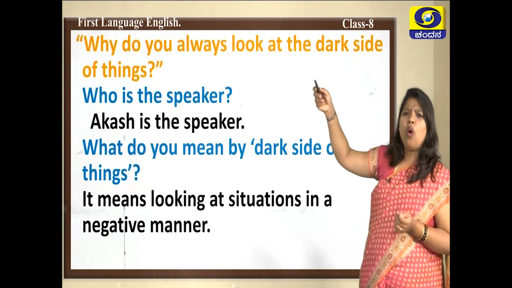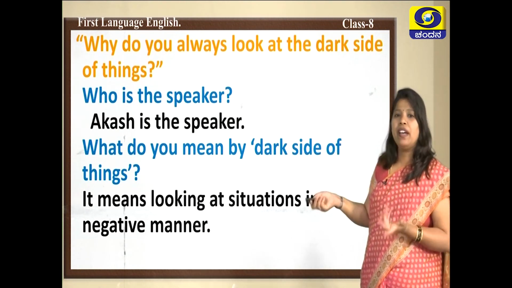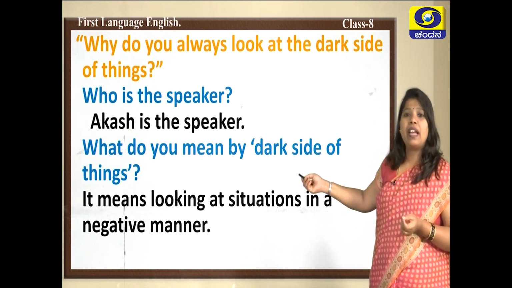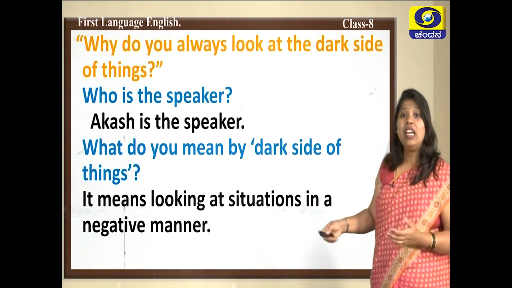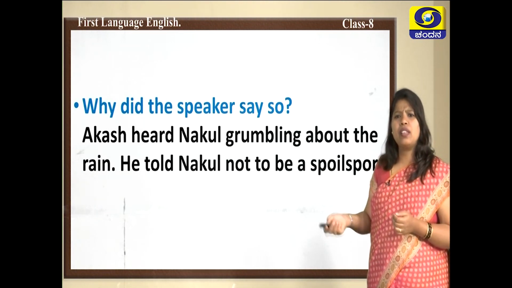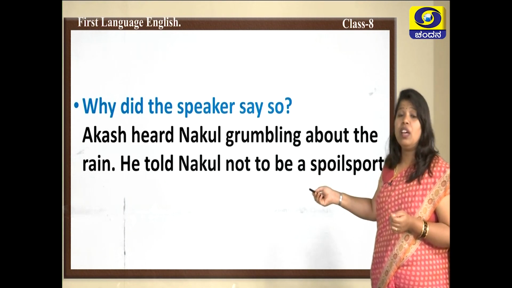"Why do you always look at the dark side of things?" So, who is the speaker here? It is Akash. What do you mean by dark side of things? It means that you are looking at situations in a negative manner. So, why did the speaker say so? Akash heard Nakul grumbling about the rain.